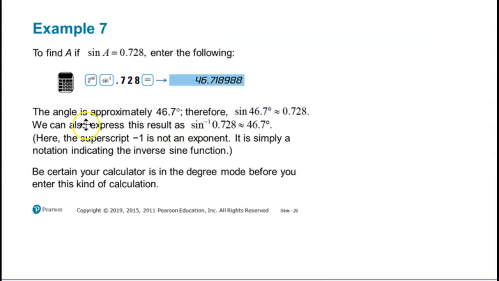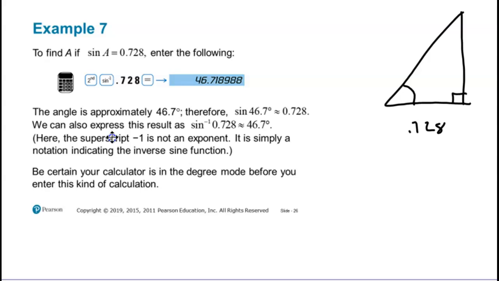So when we look at how to find the inverse sine, we are given a right triangle that has a sine of 0.728, but we don't know what that angle is.